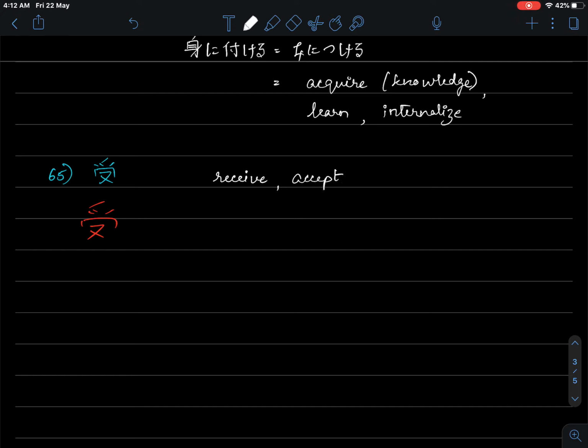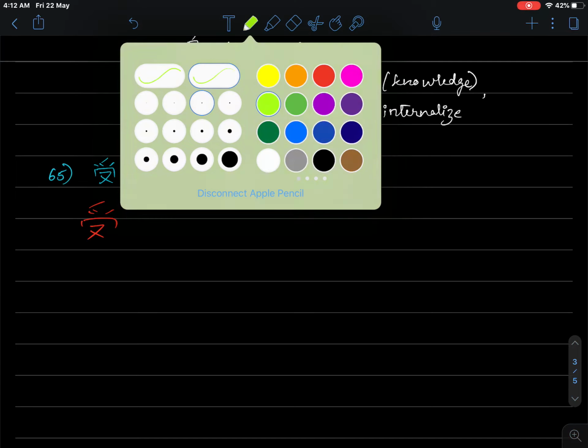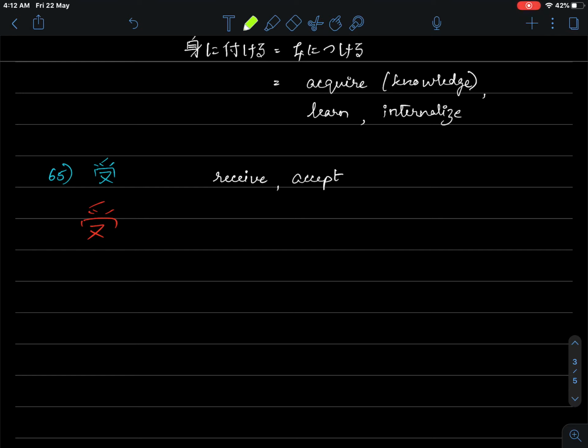It's like if you can imagine the upper part as being a claw and the lower part as being a hand. So it's like the upper claw is receiving the hand. You can think of it like that. Again, not a very convincing explanation, I imagine, but if it suits, it suits. So again, the on and kunyomis.